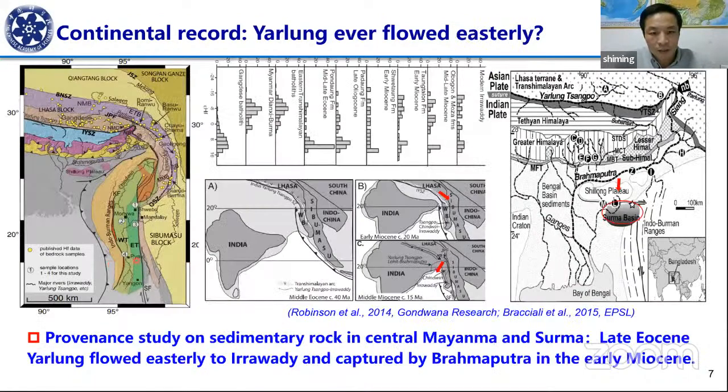In contrast, according to Robinson and Brackley, also based on provenance studies using zircon dating and heavy minerals in central Myanmar and also the Surma Basin, they suggest that in the late Eocene, the Yarlung River flowed easterly to the Irrawaddy and was captured by the Brahmaputra in the early Miocene.